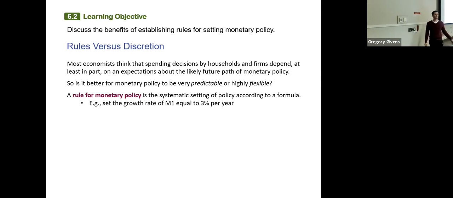So a classic example of a monetary policy rule would be Milton Friedman's 3% per year growth rate of the money supply, right? For a long time, he advocated central banks adjusting their monetary base every year in order to guarantee that the money supply increased at a stable rate from one year to the next. That's just one type of monetary policy rule.